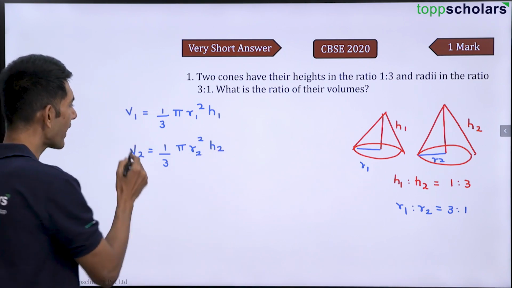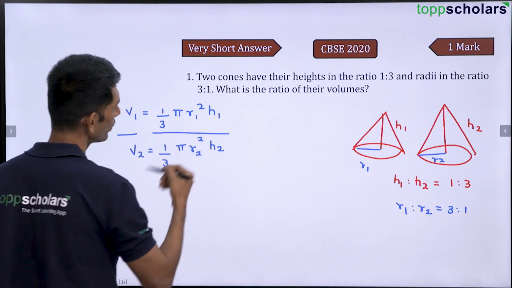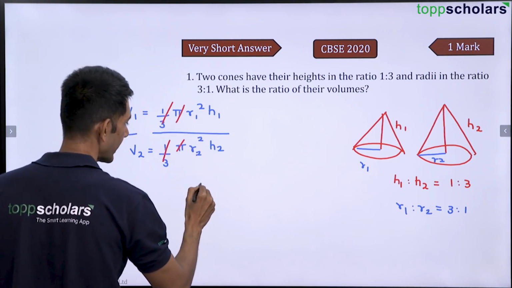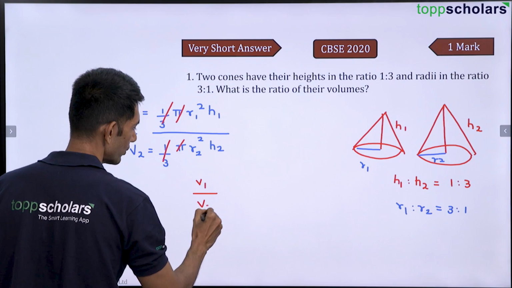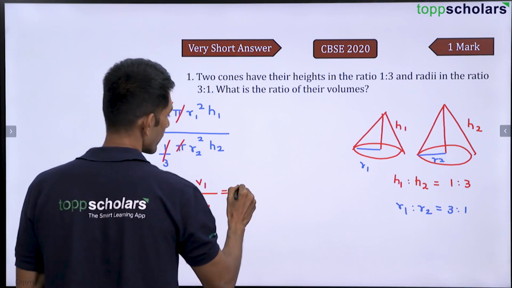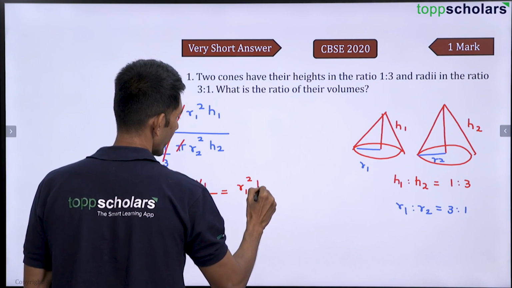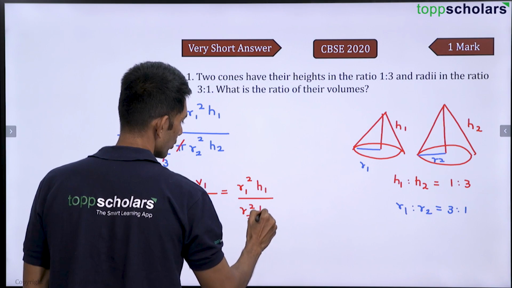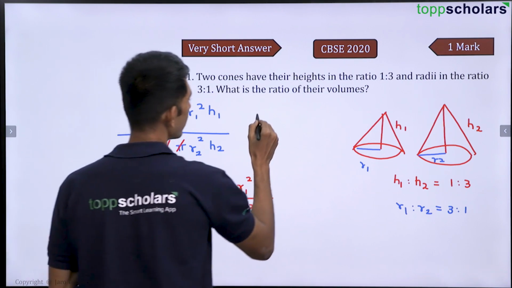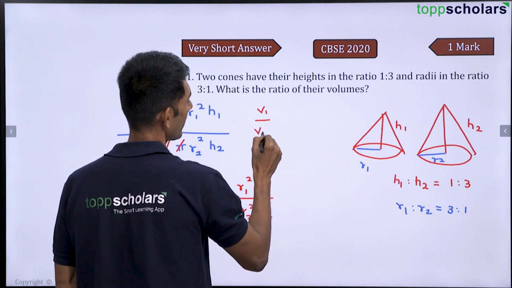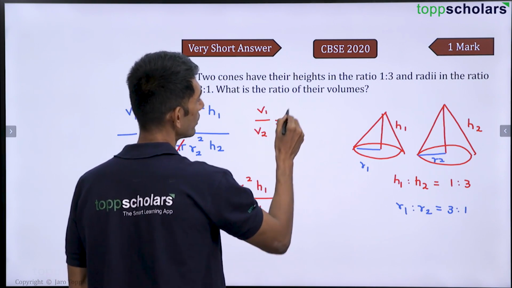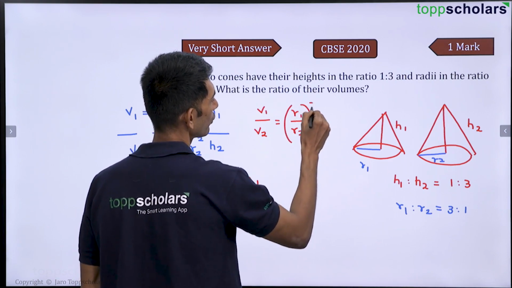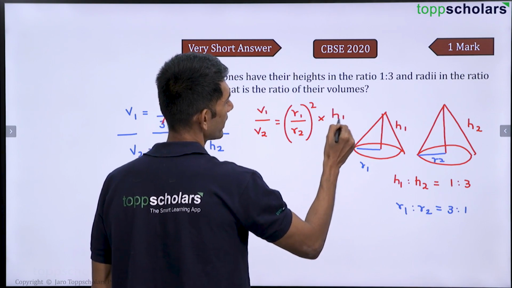We are supposed to find out the ratios. Ratios means what? Just divide. So if I take V1 divided by V2, can I cancel 1/3? Yes. Can I cancel pi? Yes. So V1 by V2 is equal to R1 square H1 by R2 square H2. So V1 by V2 is equal to R1 by R2 the whole square multiplied by H1 by H2.